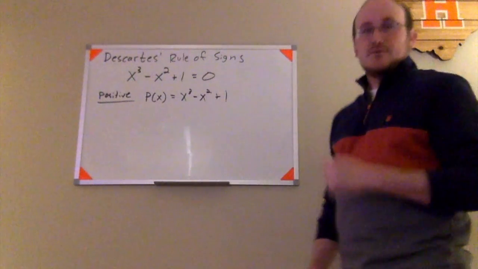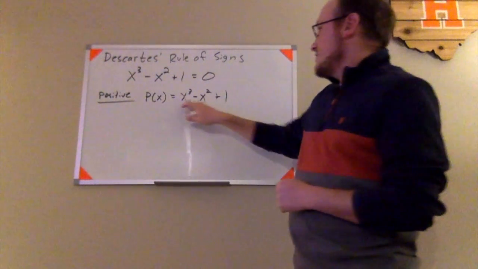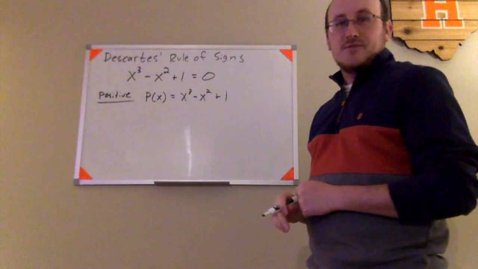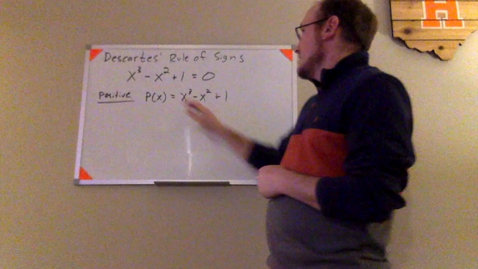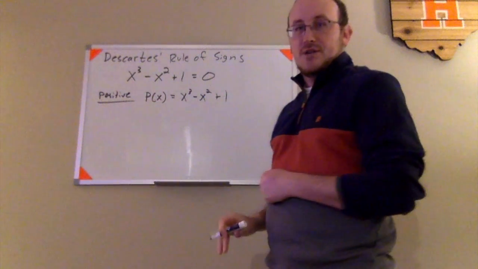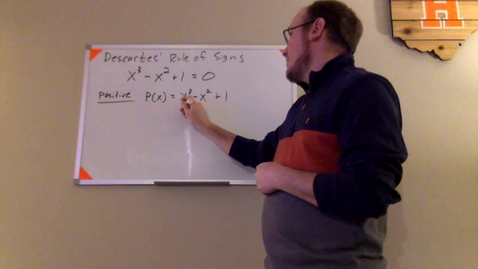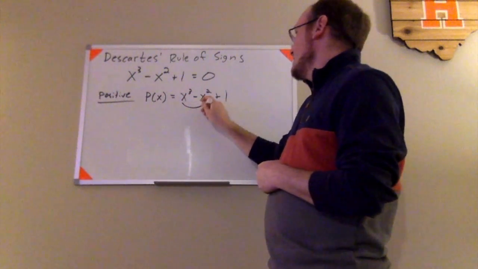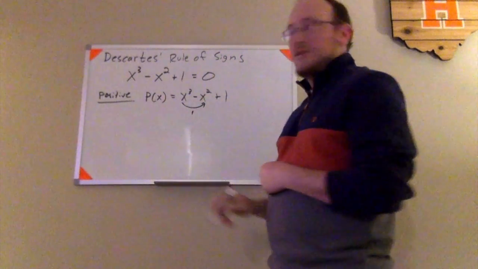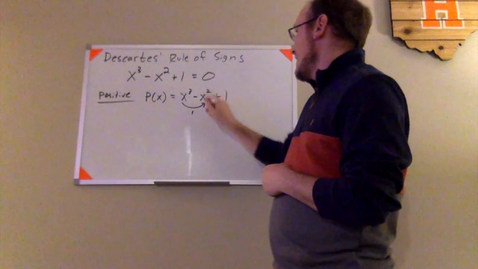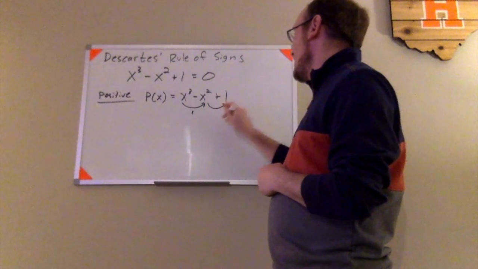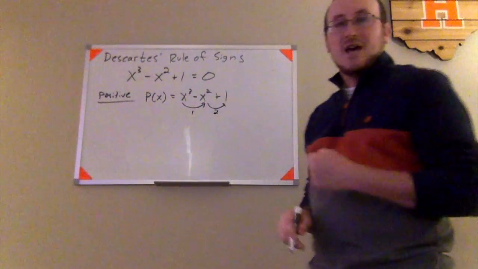Descartes' rule of signs looks at the sign changes in this function, and it counts them up. So again, I just took this and wrote it in function notation instead of equals 0, and I'm going to look from term to term. Here I have a positive x cubed to a negative x squared. That's one sign change. And then I go from a negative x squared to a positive 1. That's another sign change.